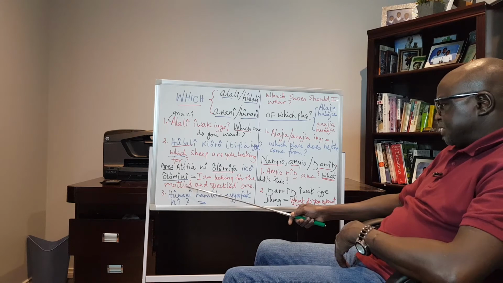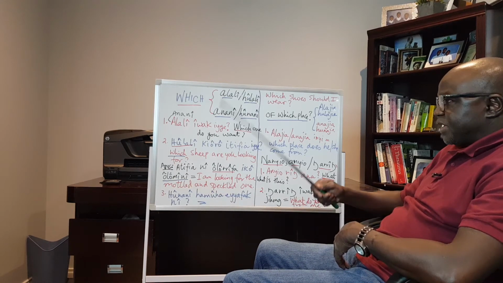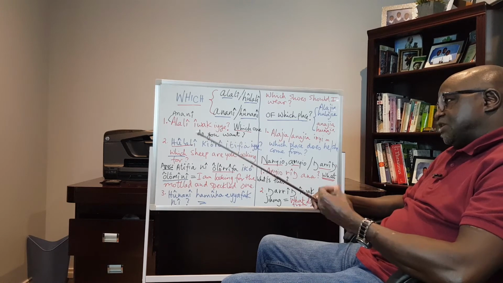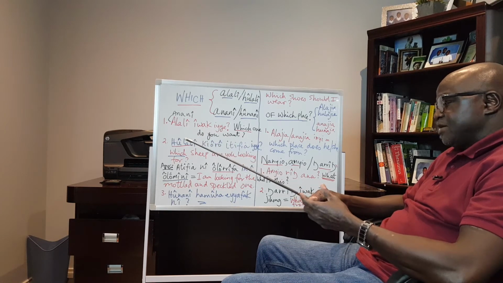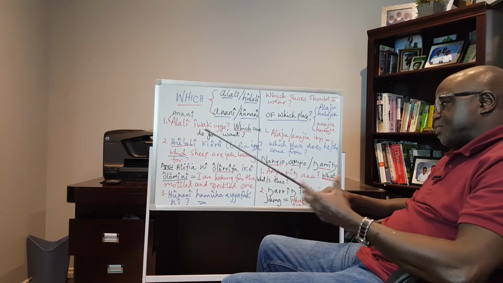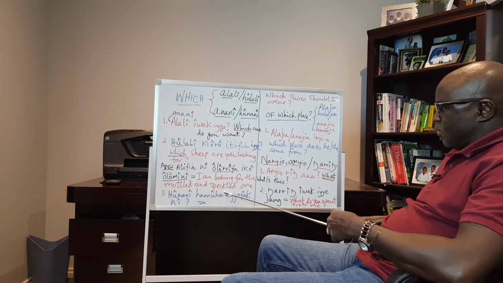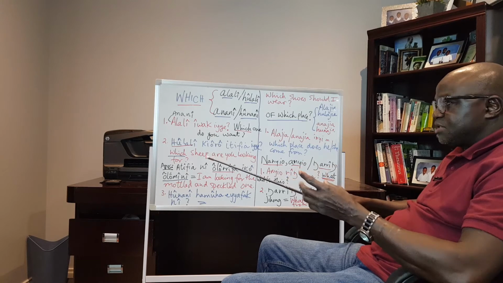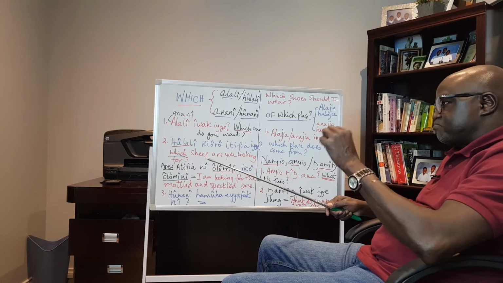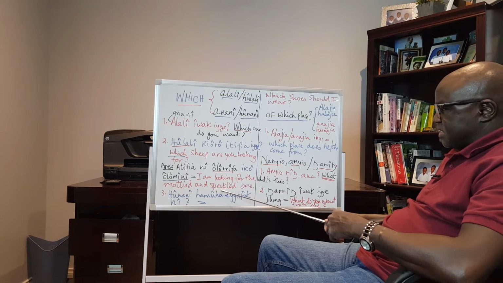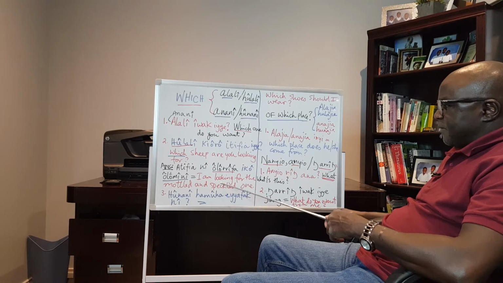Now, mottled here, as you can see, if you see a hyena on TV, it has some spots. That spot pattern is mottled. And speckled, if you see a leopard, there are spots on the skin of a leopard. These are described as speckled.